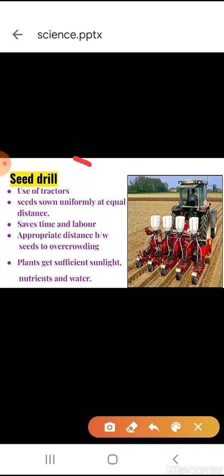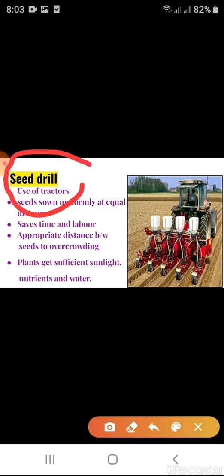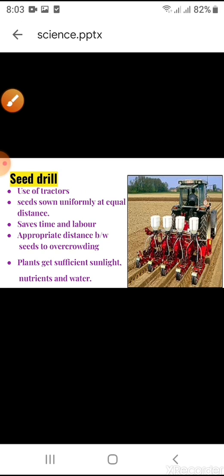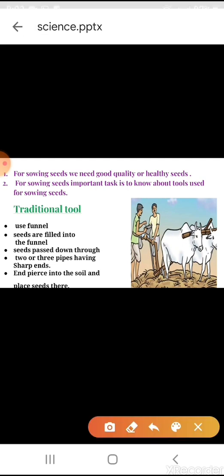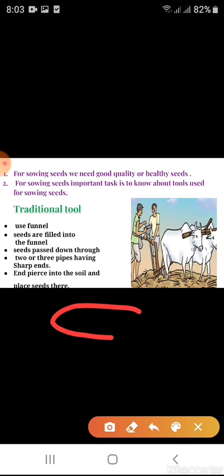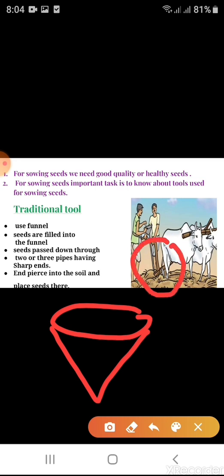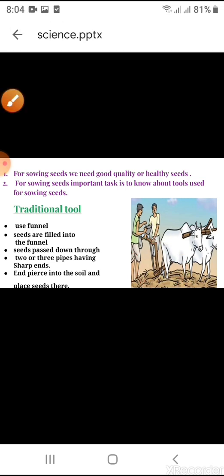In the second tool, the seed drill method, we remove these disadvantages. In the seed drill method, we also use a funnel, as you are able to see, but with the help of a tractor we sow the seeds inside the land. Seeds are sown uniformly at equal distance.